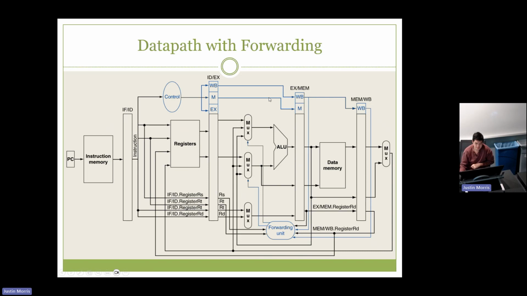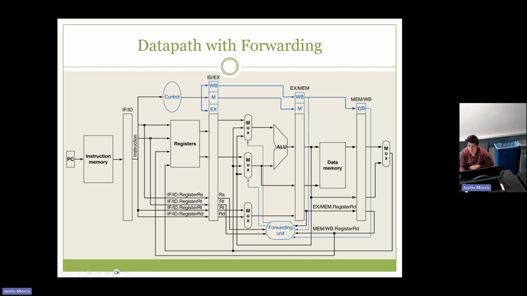All right, so this is our data path with forwarding. So here is our expanded mux, right? And it's making those 3 choices. Is it the data from the register file? Is it the data from the forwarding unit, from the very end?